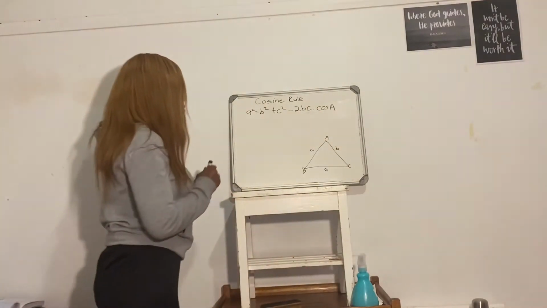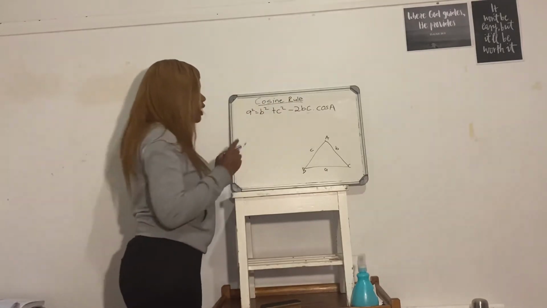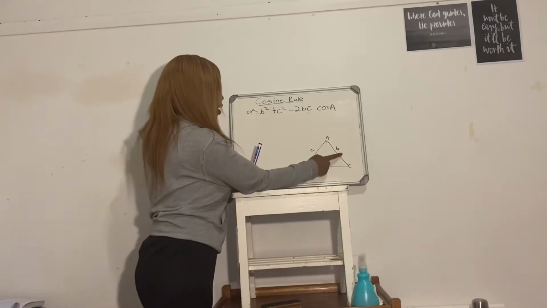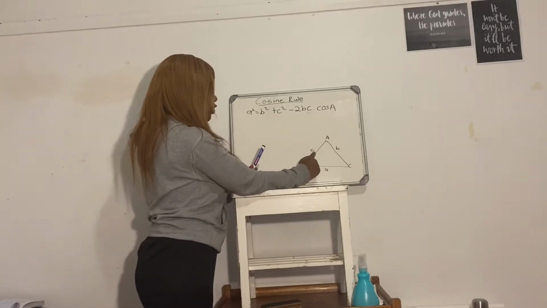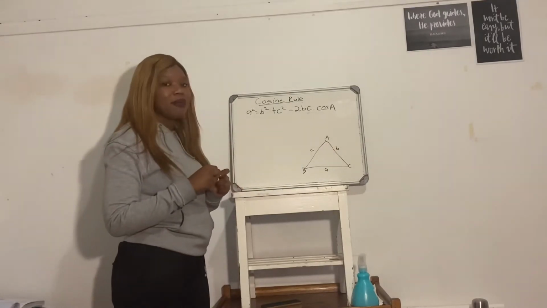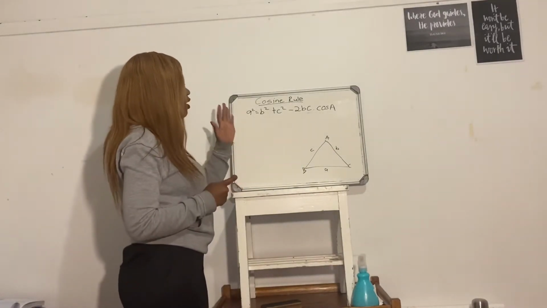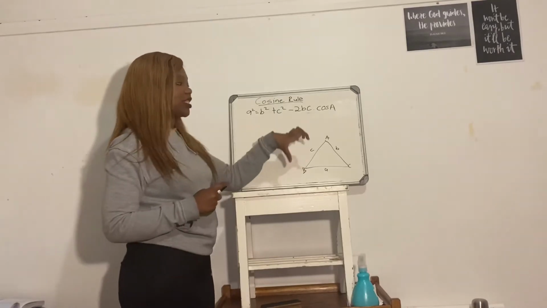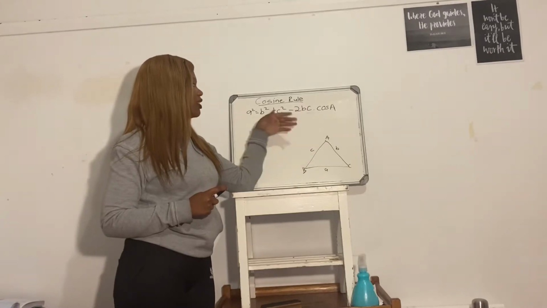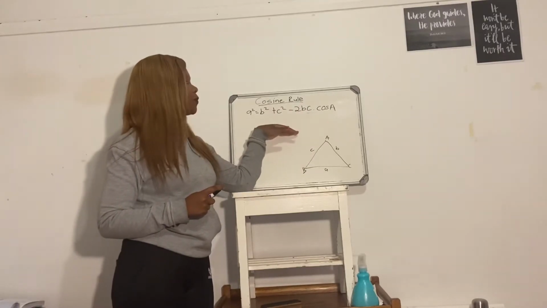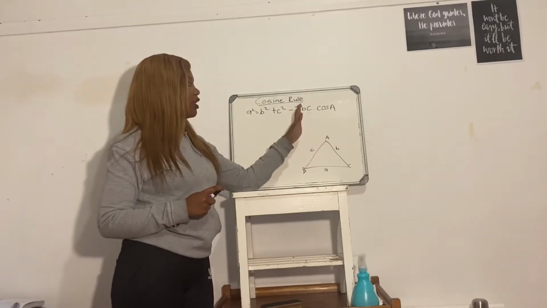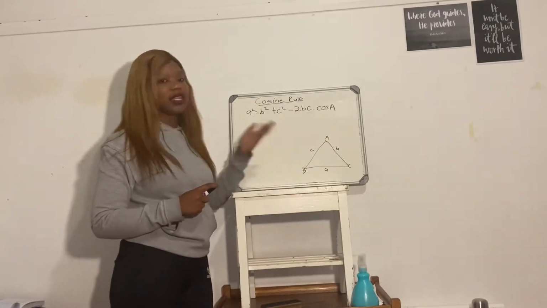So the cosine rule states that a squared, this side, is equal to b squared plus c squared minus 2bc cos A. The easiest way to remember it is that the side you're looking for will always be the sum of the squares of the other two sides, minus 2 times the multiplication of those sides that you summed, and cos of the angle that the side is opposite to.